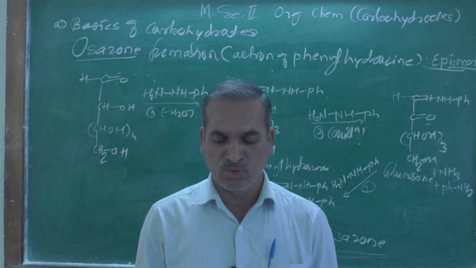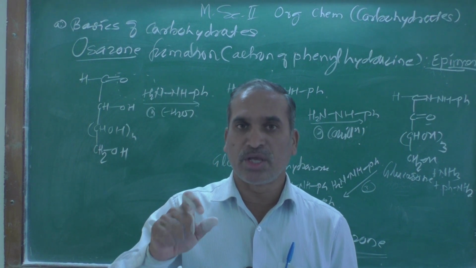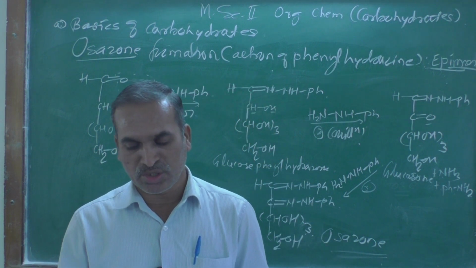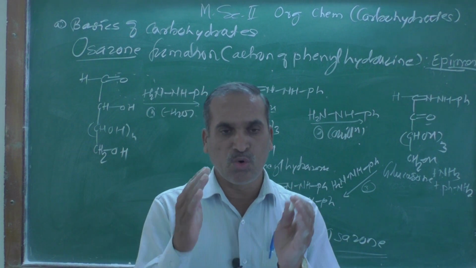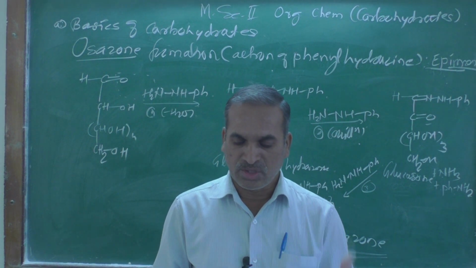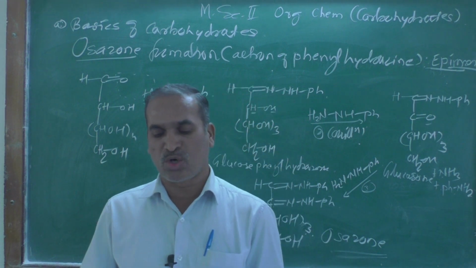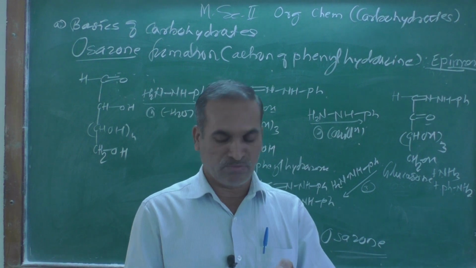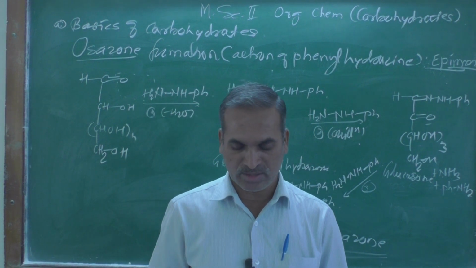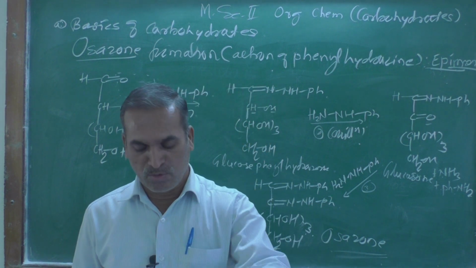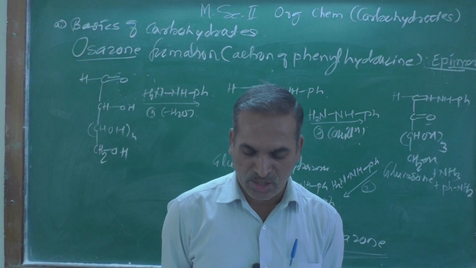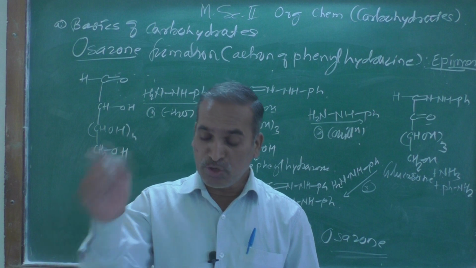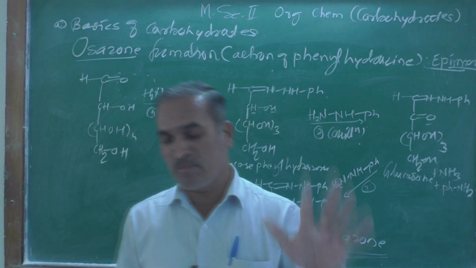A third molecule of the reagent is turned into aniline and ammonia, and just how the OH group is oxidized is not quite clear, but the reaction which we got here is the same. So remember, 3 moles of phenylhydrazine are required for oxazone formation, and similarly D-fructose forms the same oxazone.